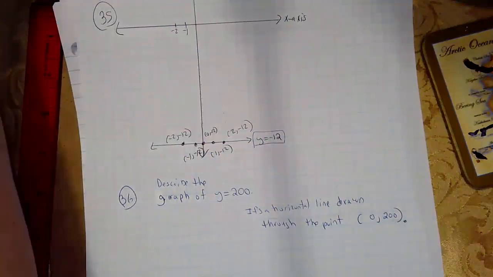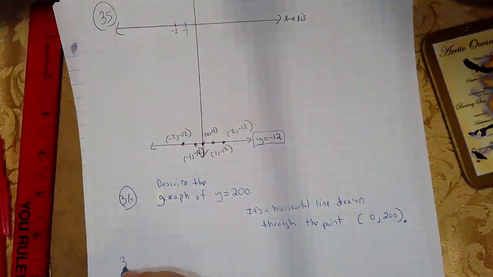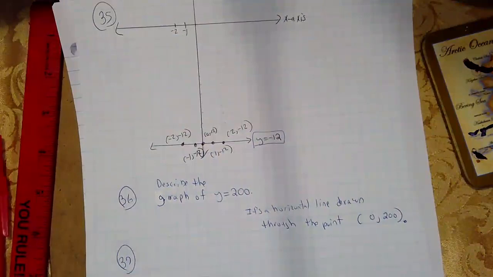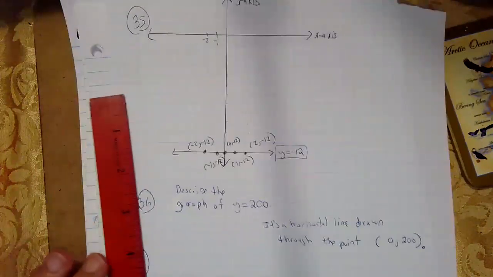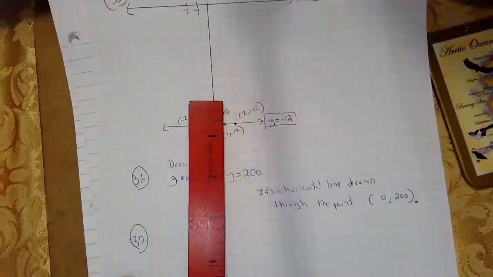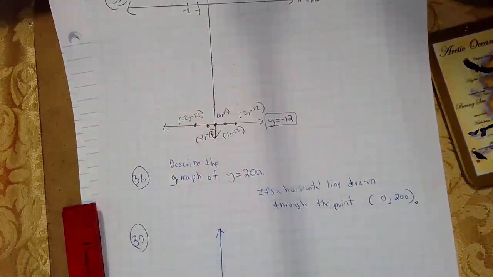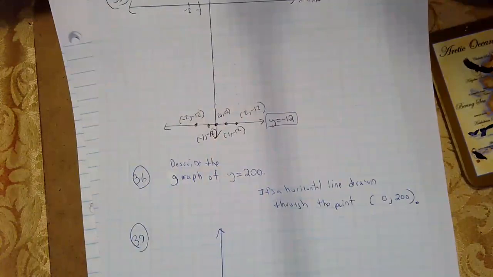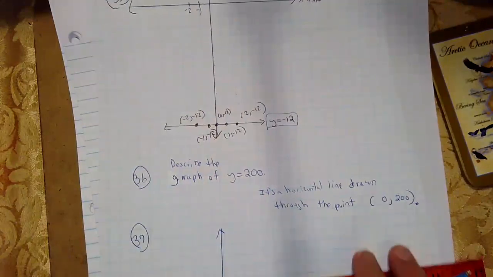Okay, and then I'm looking at 37. So I'm going to draw another little generic graph. And it says they want you to write an equation for the graph. So I have a graph that looks like it's going horizontally through 3.